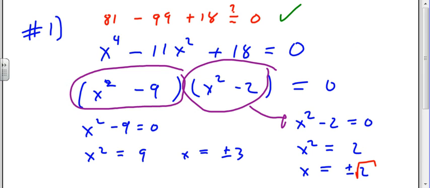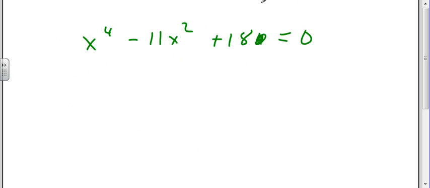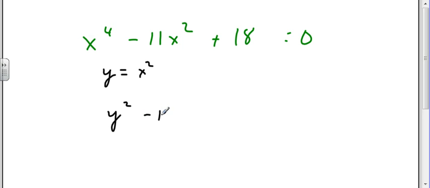The other thing we could do is a substitution. We could say x to the 4th minus 11x squared plus 18 is 0. Why don't we just say, let y equal x squared. This is y squared minus 11y plus 18 is 0.